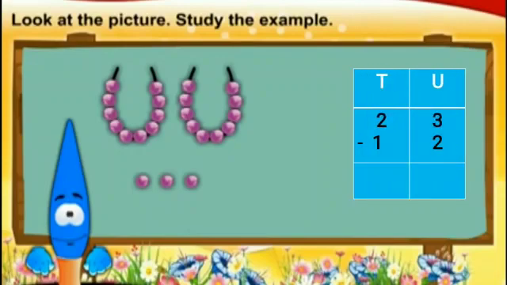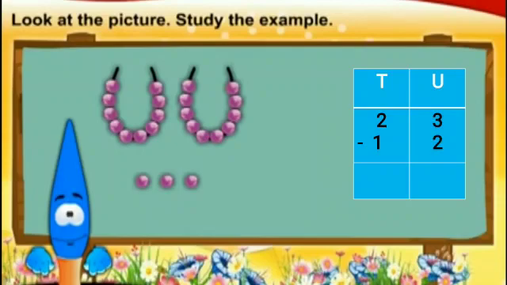See, there are two columns given, tens and units. Whatever is given in the picture, we have to write in a box. So there are two strings, two tens, so we write them in the tens place. We have three single bits, that is units, so we write them in the units place.